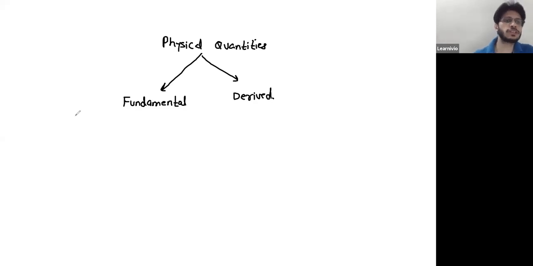Fundamental physical quantities are those quantities, like you can understand fundamental and derived from a language. Say if we talk about English. In every language, there are some letters. Like in English, there are 26 letters, A to Z. Each and every letter is fundamental in itself. If I ask you to make B, can you combine all letters and derive B, or is it fundamental?